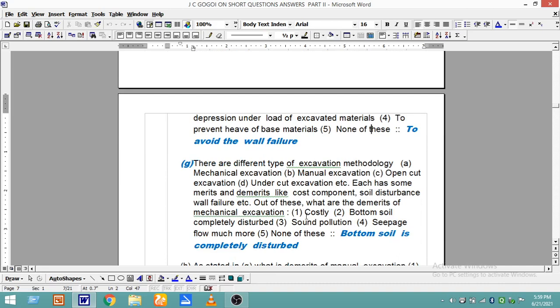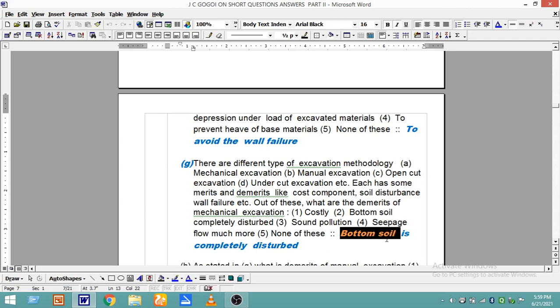Given answers: costly, bottom soil completely disturbed, sound pollution, seepage flow much more, none of this.